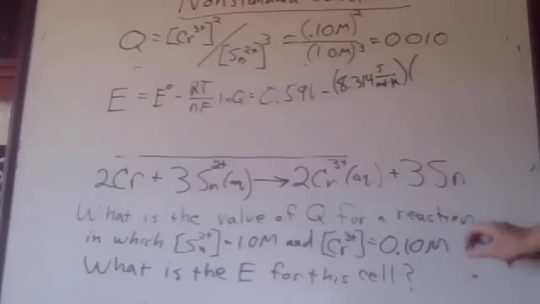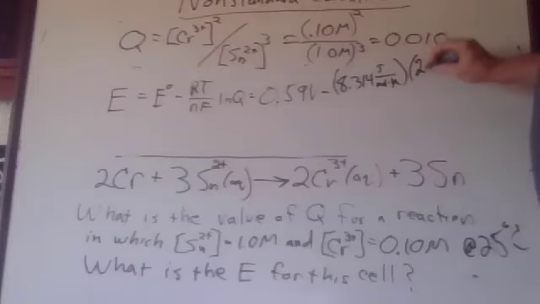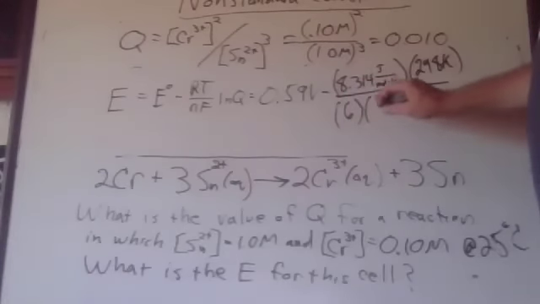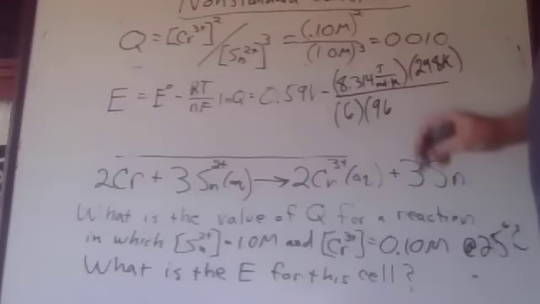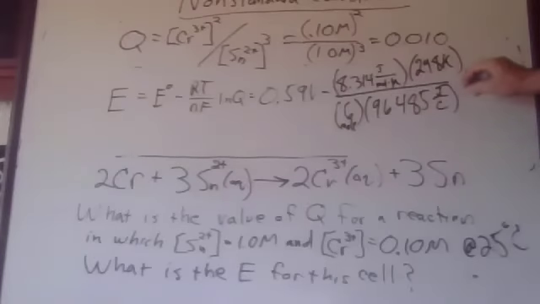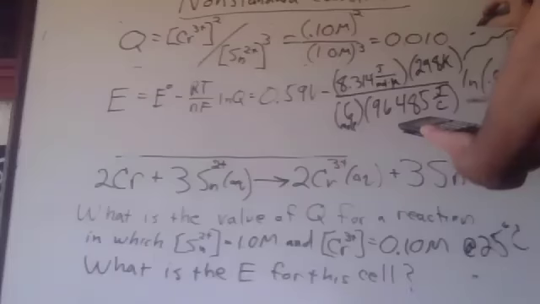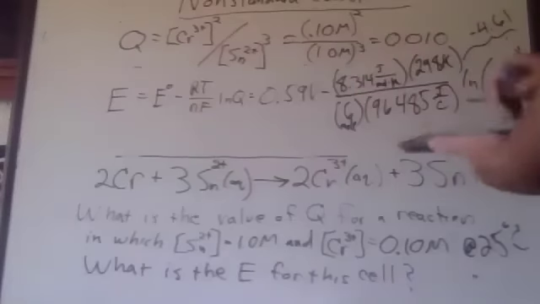You're going to be at 25 degrees centigrade, because you do need that temperature in the formula. So that means this would be 298 Kelvin. And then that's over n, which we said was 6. And the F is 96,000. And then we have ln of 0.01. The natural log part is a negative number, minus 4.61. And then you multiply all this stuff by it.